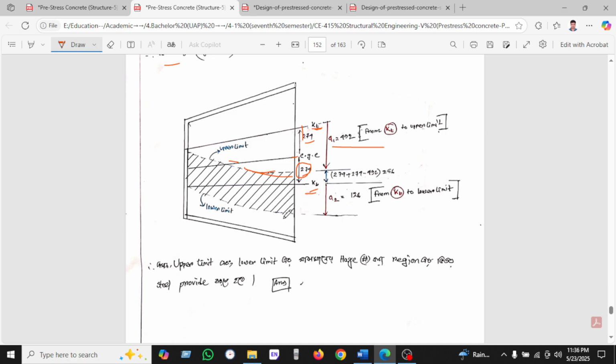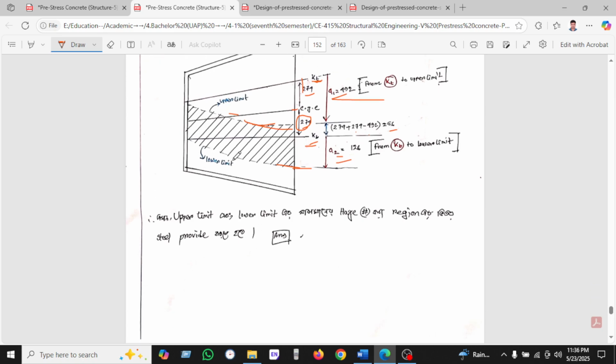A2 is from the bottom kern to the lower limit, and found. And the distance between them, the gap, how will we calculate? We know the total here is 274, and 274 is the total top kern to bottom kern distance, and thus deduct the A1, which is 492 and 156.